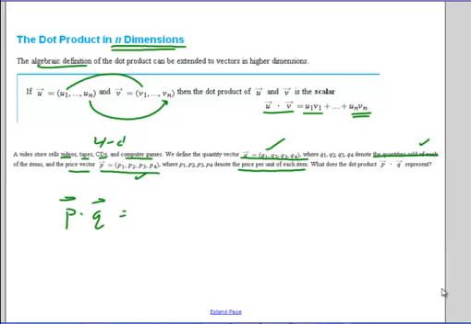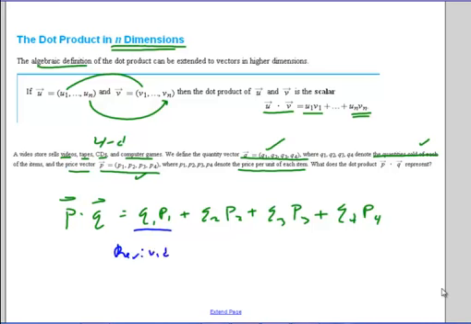Well, in terms of the dot product, it's Q1 P1 plus Q2 P2, but what are each of these? Well, Q1 P1, that's the quantity of videos times the price of videos. So that's my revenue from videos.